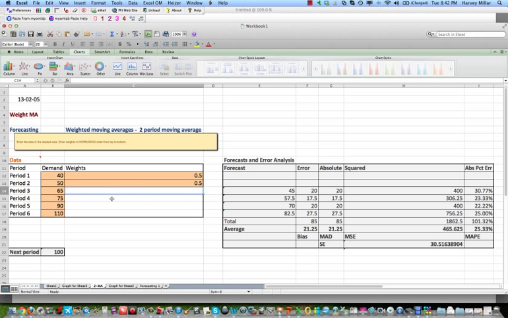Then if I took 20 over 90, it's a 22% error. And if I took 27.5 over 110, then I have a 25% error, right? So if I average all of those, what happens is that my average error is 25.33%. So I'm basically 25% off in all of my forecasts.